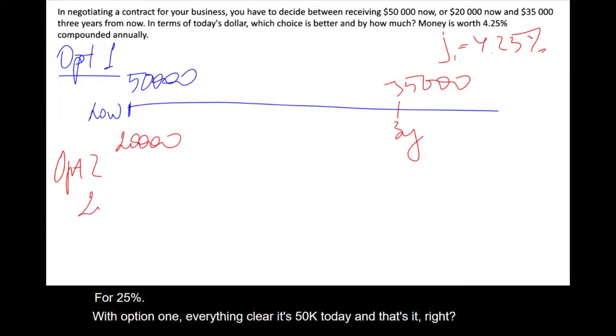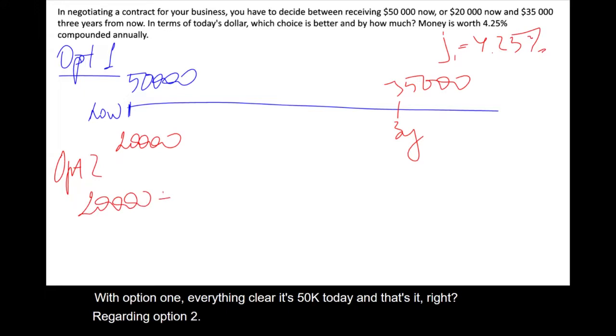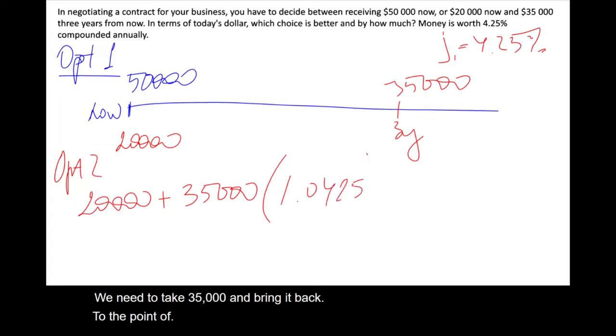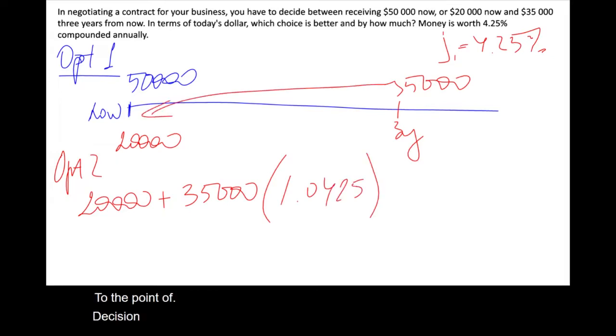Regarding option 2, we need to take 35,000 and bring it back to the point of decision making, which is right here, now.